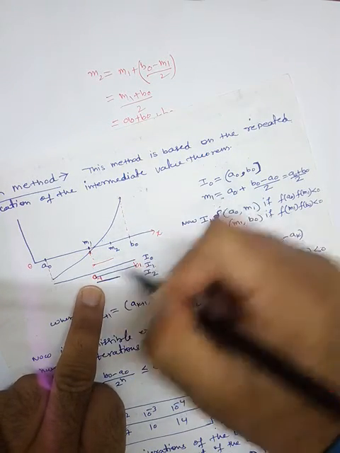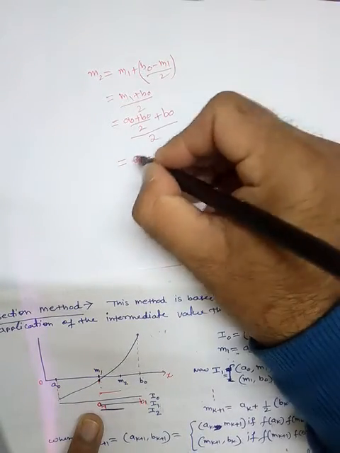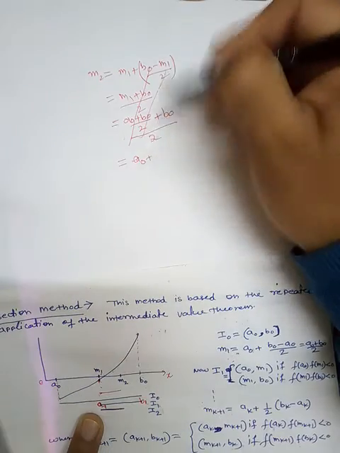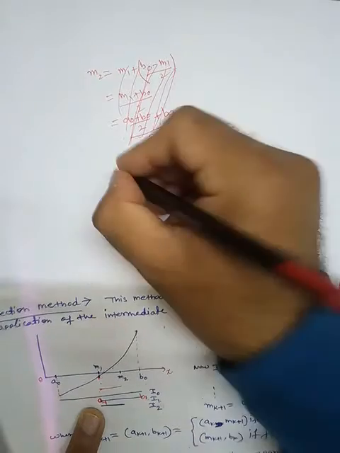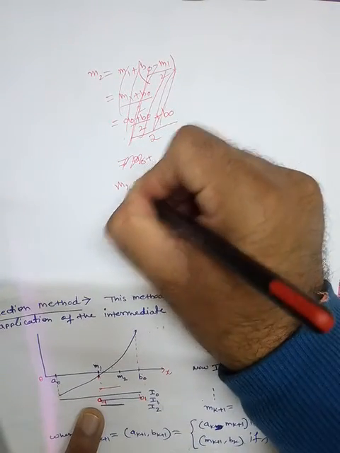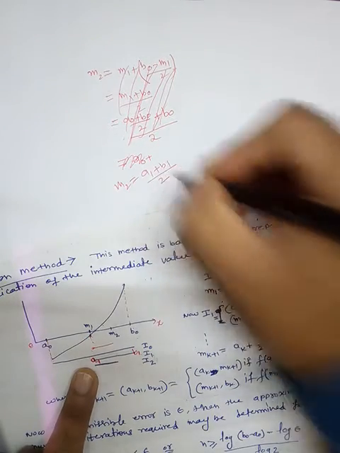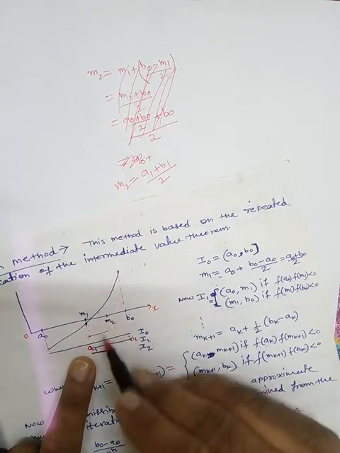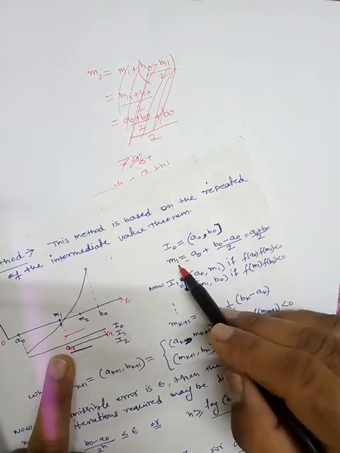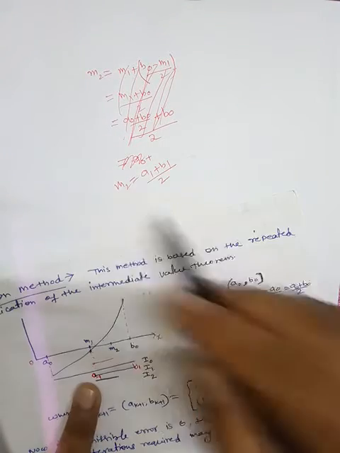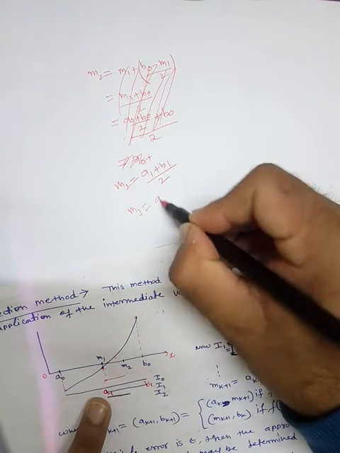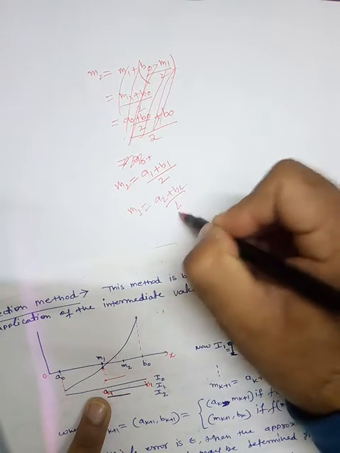So A1 plus B1 by 2. There is no need to write this down because we want to find out the general formula. So M2 will be A1 plus B1 by 2, which is the midpoint. M1 is A0 plus B0 by 2, M2 is A1 plus B1 by 2. Similarly, M3 will be A2 plus B2 by 2 and so on.